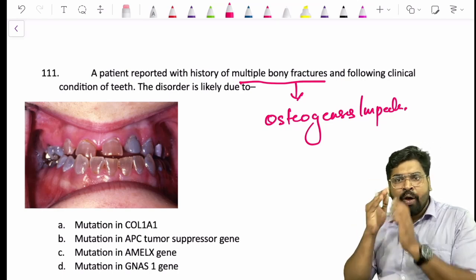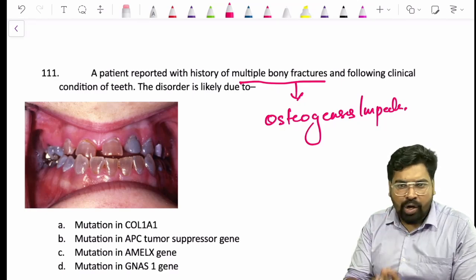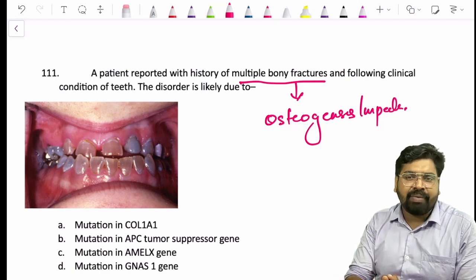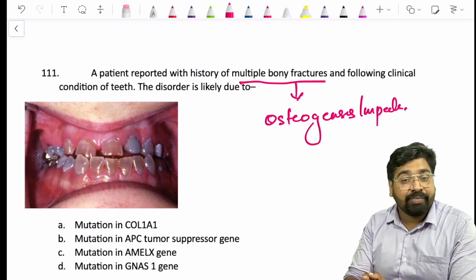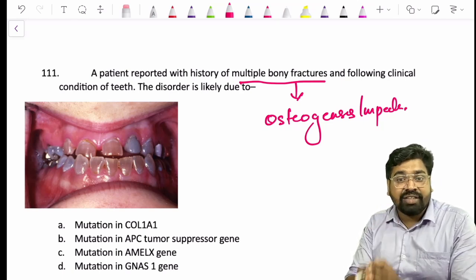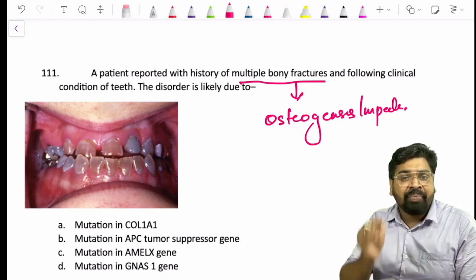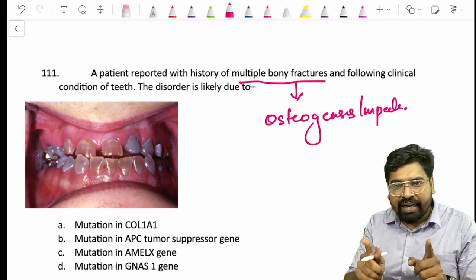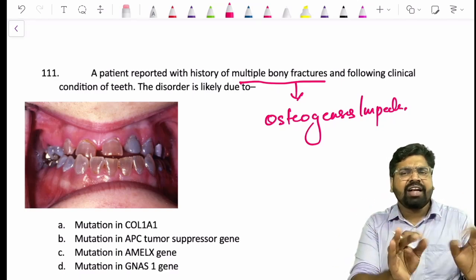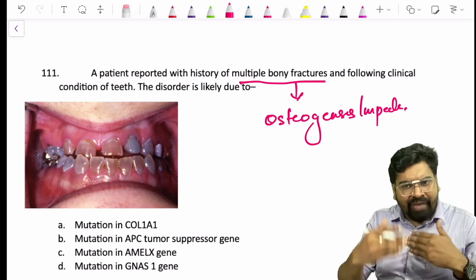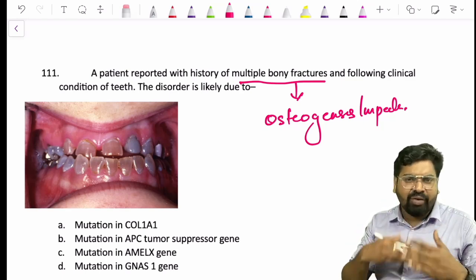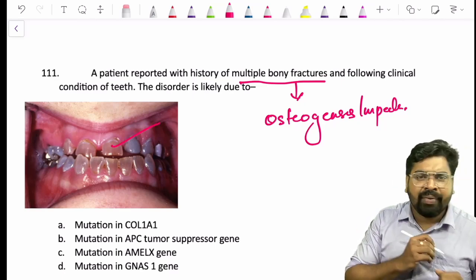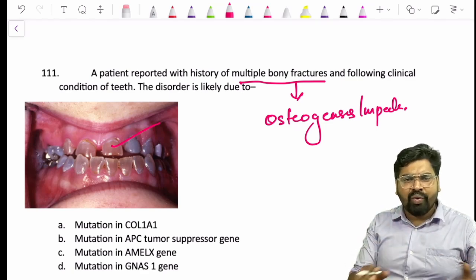Please listen carefully: osteogenesis imperfecta is not related to dentinogenesis imperfecta, but the oral finding in a person suffering from osteogenesis imperfecta is very similar to that of dentinogenesis imperfecta. They will also have opalescent teeth, they will also have brownish teeth. So that's what they have shown here.